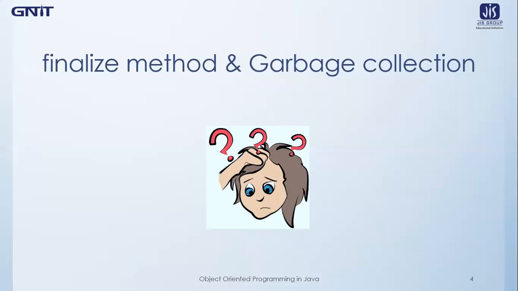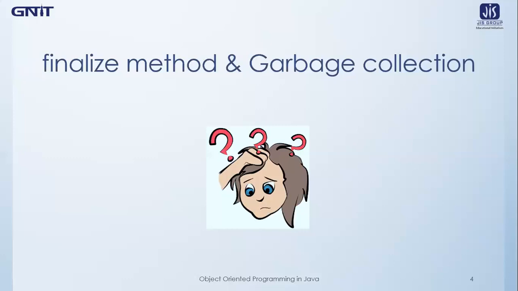Garbage collection means that the memory which is no longer needed should be collected or should be deallocated. Collected means deallocated. So that garbage collection or that memory deallocation is done in Java automatically by JVM for us. We don't need to write any explicit statement of code in order to do that deallocation. This is what we know as garbage collection in Java.